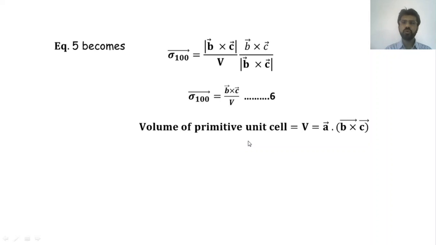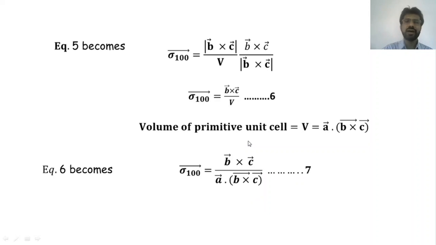Therefore, the volume of the primitive unit cell is V is equal to the vector a dot vector b cross vector c.